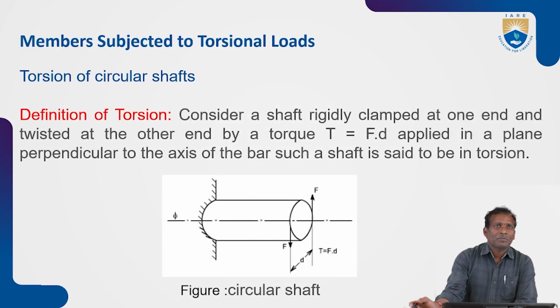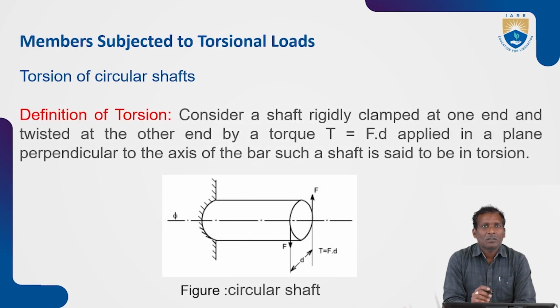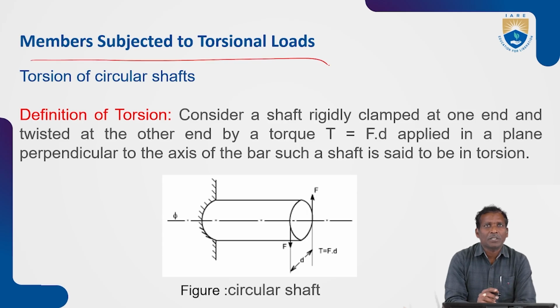First of all, we should know the definition of torsion, that is, whenever members are subjected to torsional loads, the torsion of circular shafts. As shown in the figure here, the circular shaft is shown.